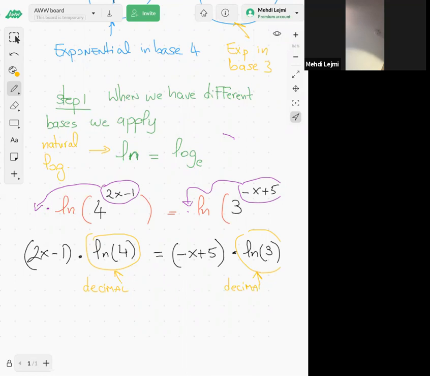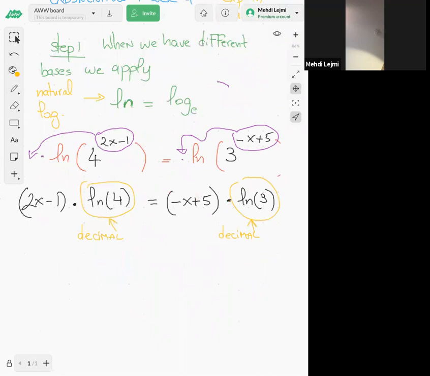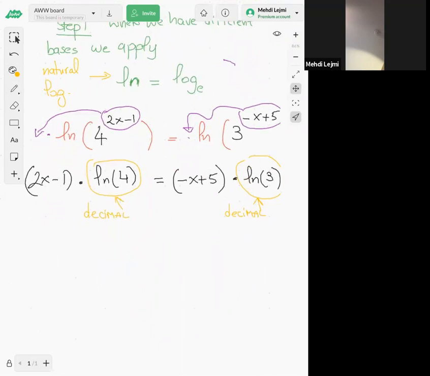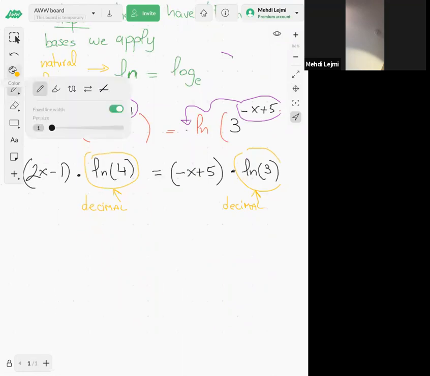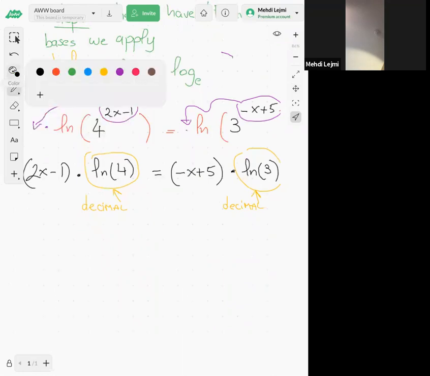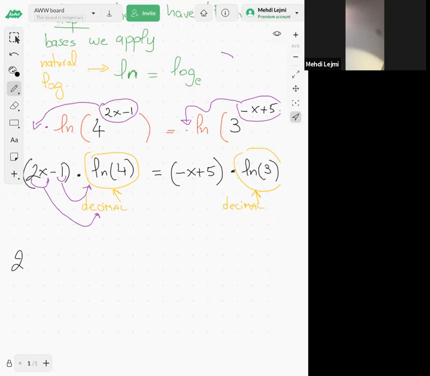Now, I'm gonna keep the natural log of 4 and the natural log of 3, and I'm gonna expand the left side. So I'm just gonna multiply. This is 2x times this decimal, and then there's this 1 times this decimal. So it's 2x times natural log of 4 minus 1 times natural log of 4.